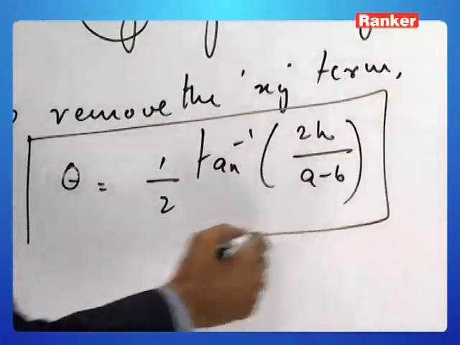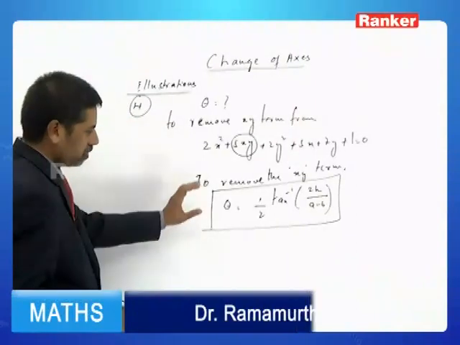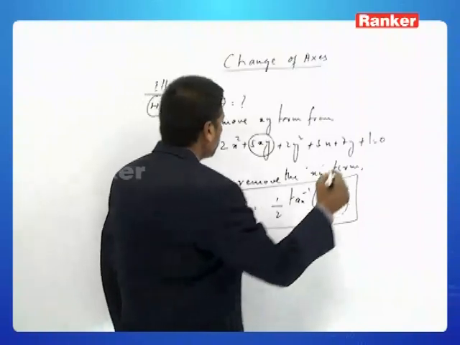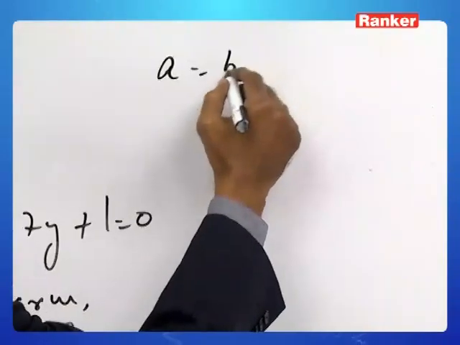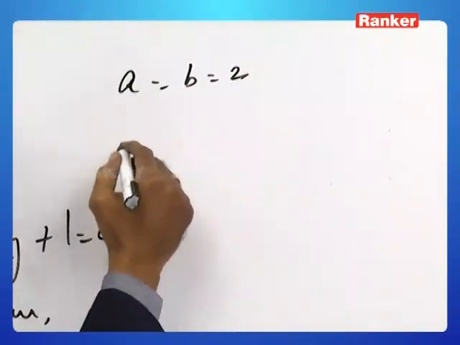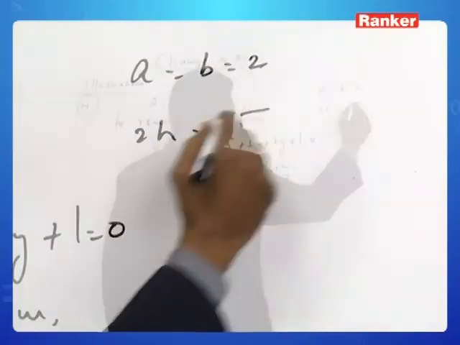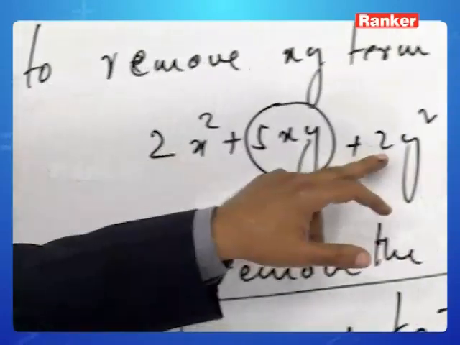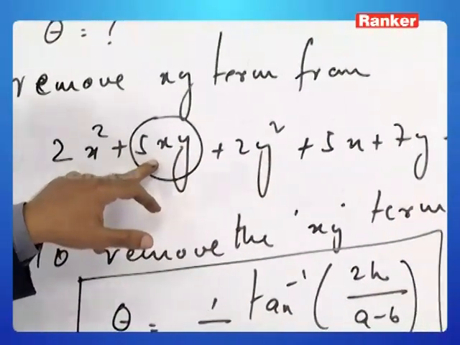This is a well-known result which will do a specific job of removing the xy term. In this question, a is equal to b is equal to 2 and 2h is equal to 5. A is the coefficient of x squared, b is the coefficient of y squared, 2h is the coefficient of xy.